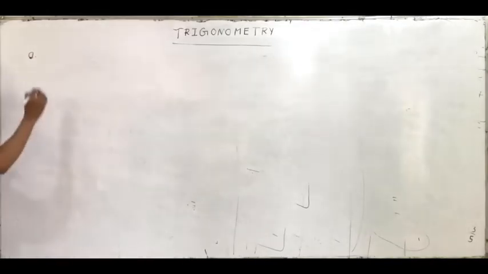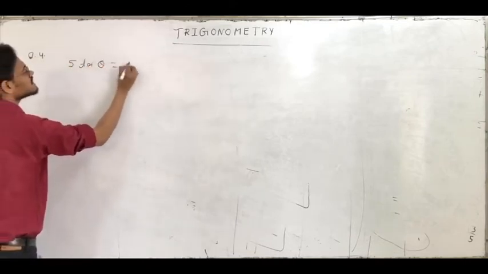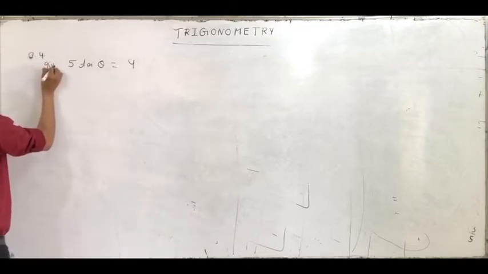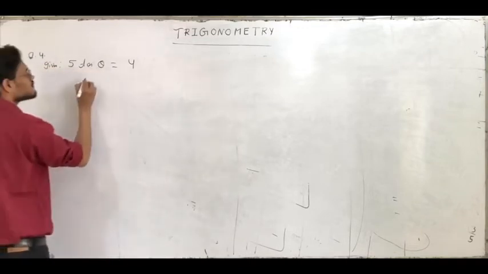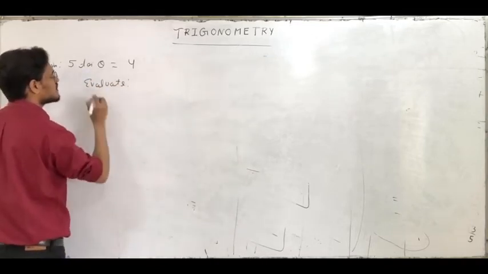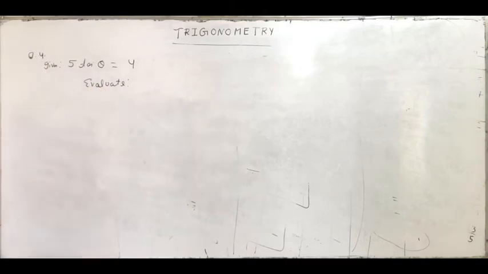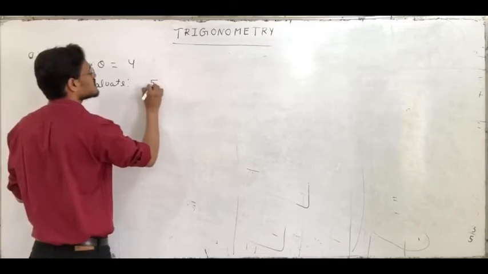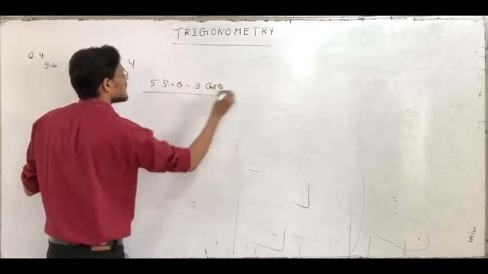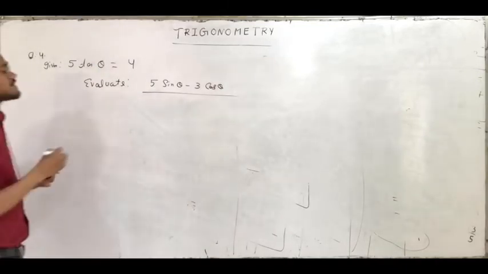Suppose you are given, question number 4, that 5 tan theta is equal to 4, and you have to evaluate, that means calculate the value of, 5 sin theta minus 3 cos theta, and in the denominator 5 sin theta plus 2 cos theta.